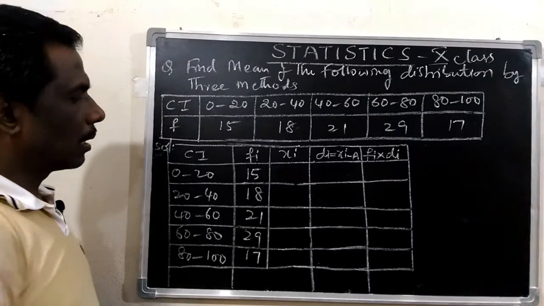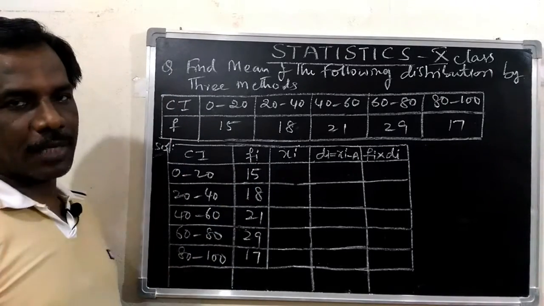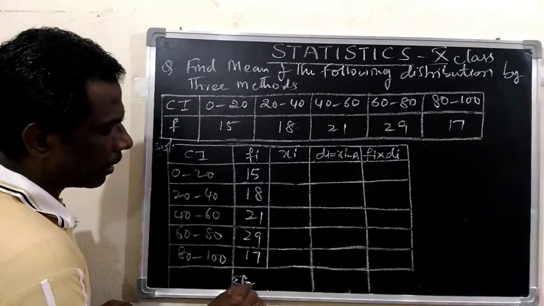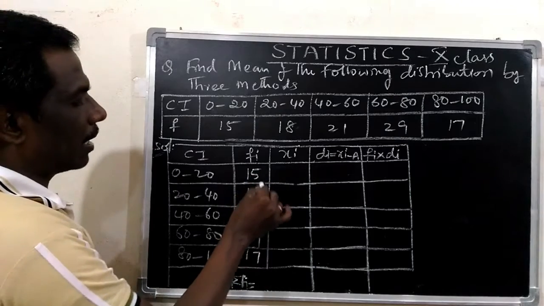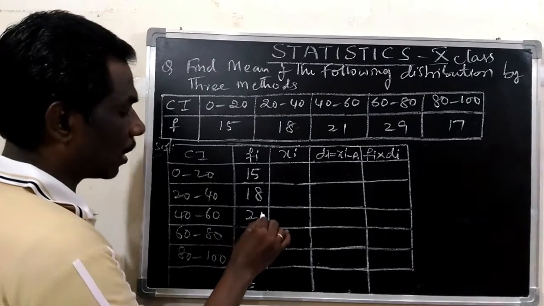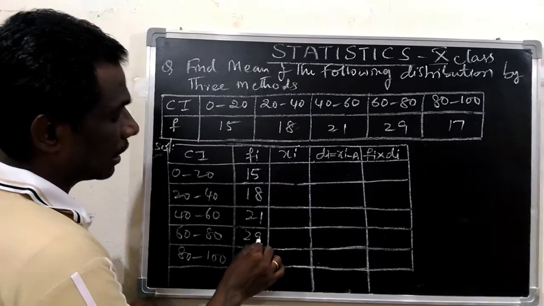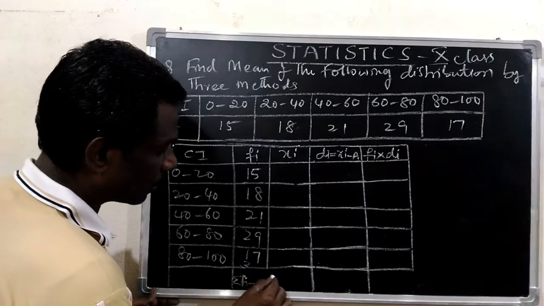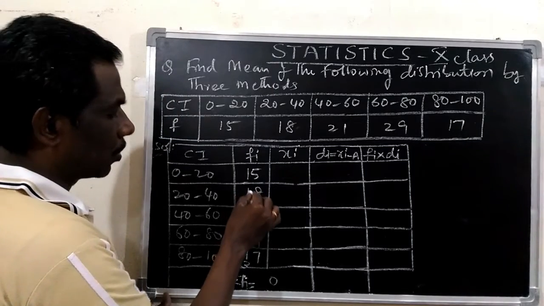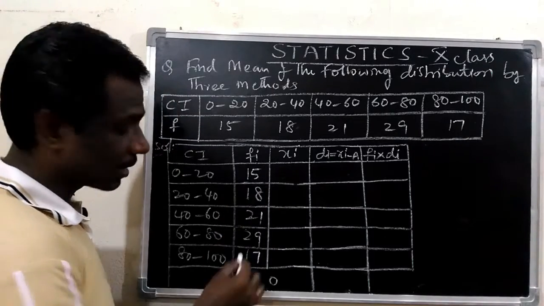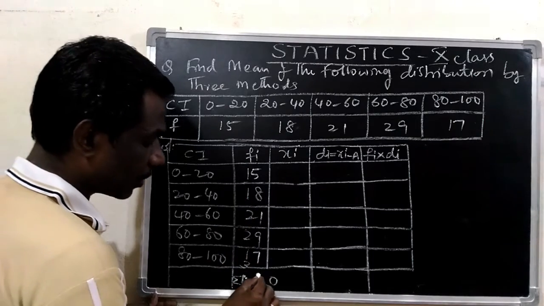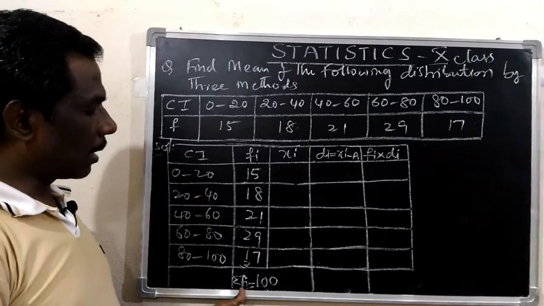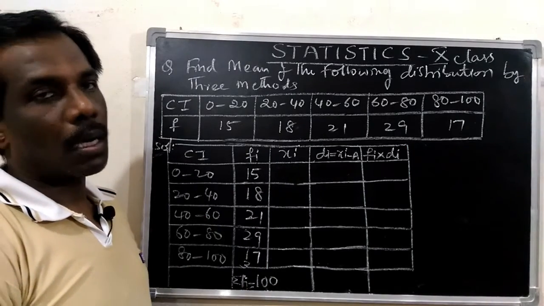First we find the total of frequency, sigma fi. 5 plus 8 is 13, 13 plus 1 is 14, and 14 plus 9 is 23, 23 plus 7 is 30, 30 plus 1 is 31, 1 plus 1 is 2, 2 plus 2 is 4, 4 plus 2 is 6, 6 plus 1 is 7, 7 plus 3 is 10. Total 100. Sigma fi is 100.